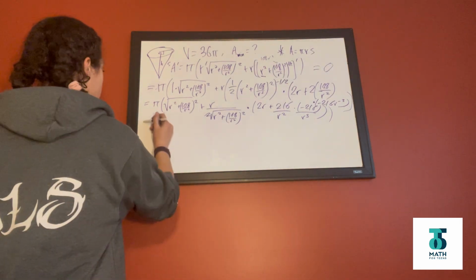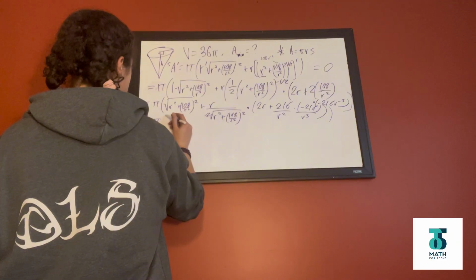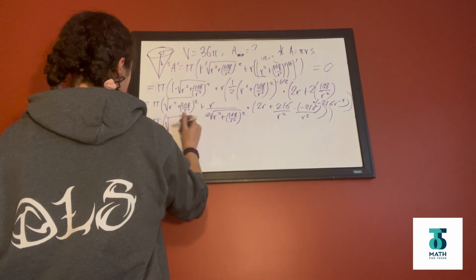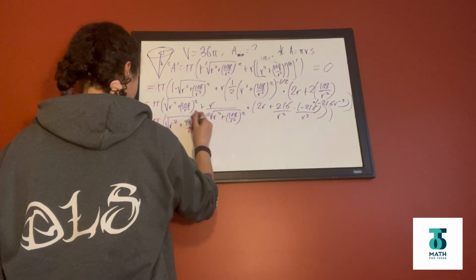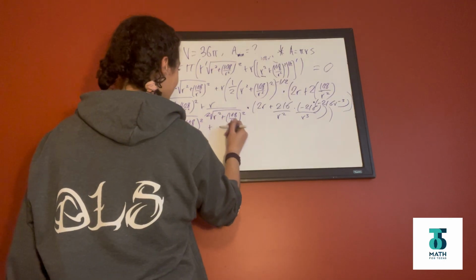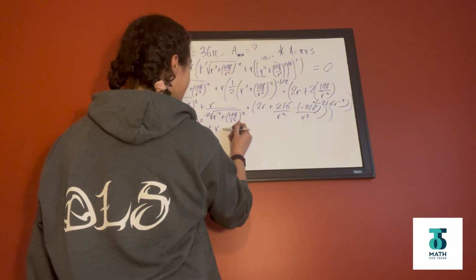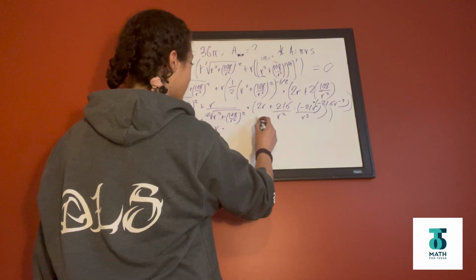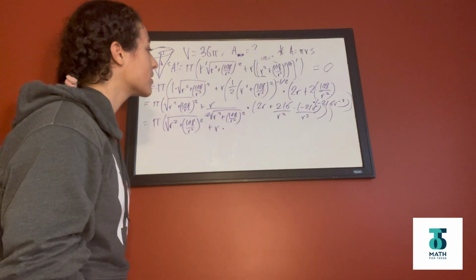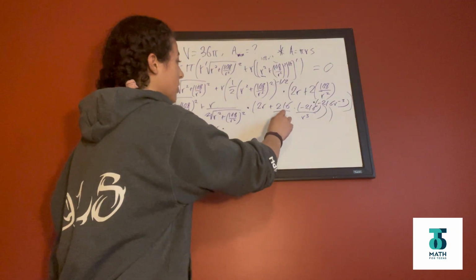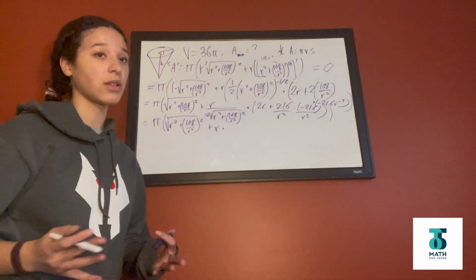So this is equal to pi times the square root of r squared plus 108 on r squared, plus r, times, so I want to bring this all into one big term. When I multiply these two, I get r to the 5, so I'm going to multiply this by r to the 5 to have a common denominator.